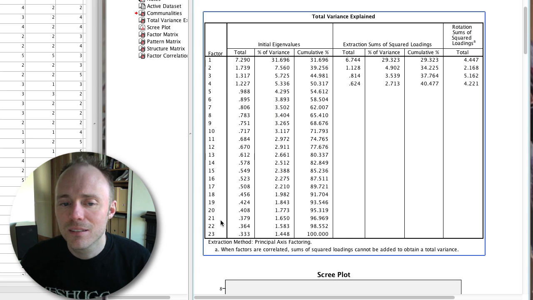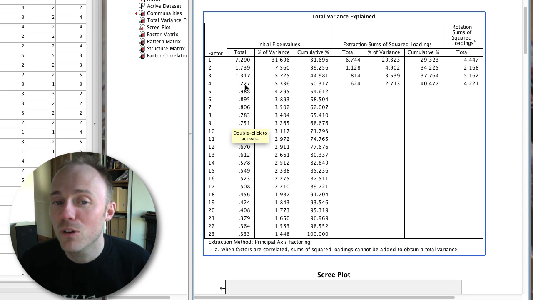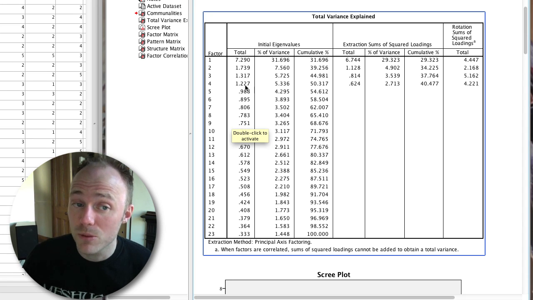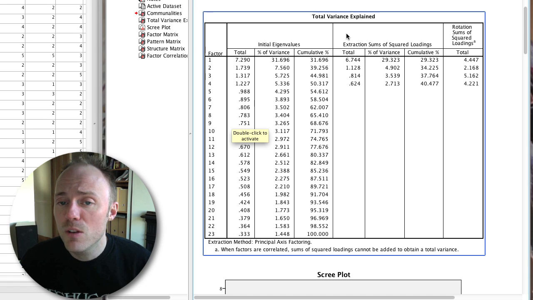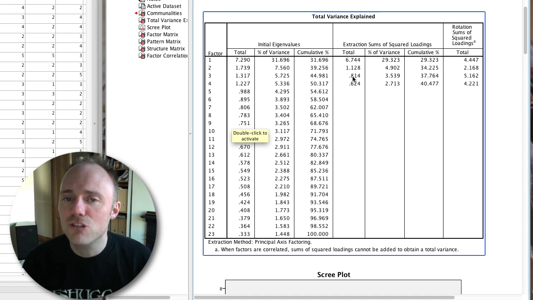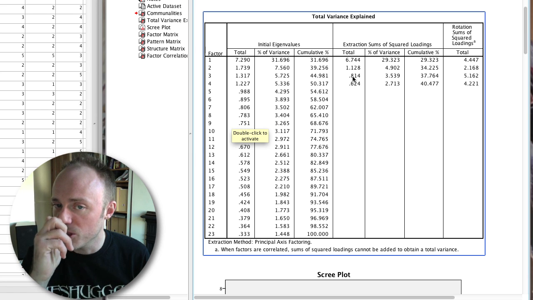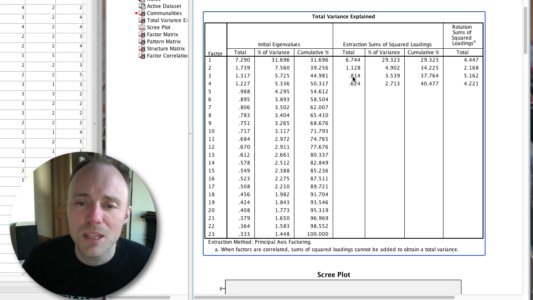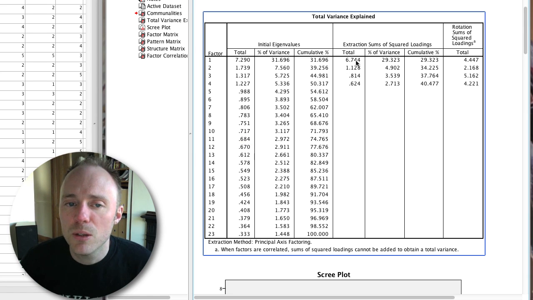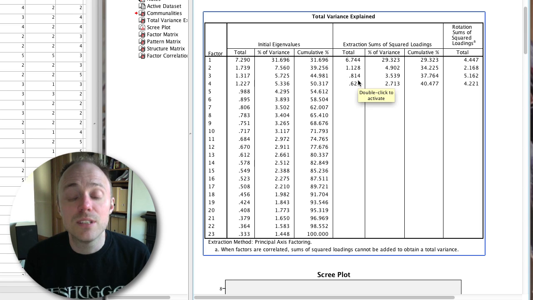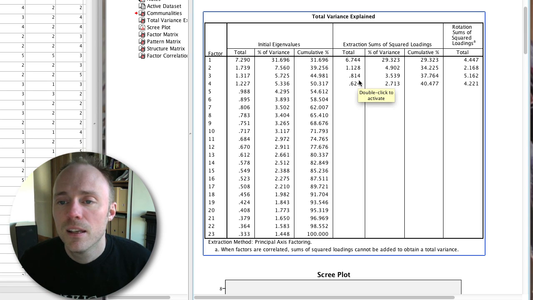So it begins with 23 questions, 23 factors. But then it looks at the eigenvalues and says, well, only 4 of them have got values bigger than 1. And that was the criterion it was using. So it extracts these 4 factors, it keeps hold of them, it discards the rest, throws them in the bin, and then it recomputes the eigenvalues just using these 4 factors.